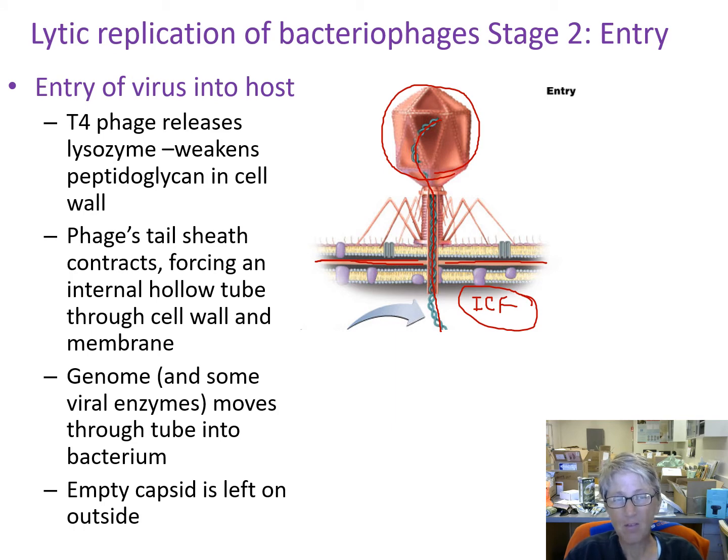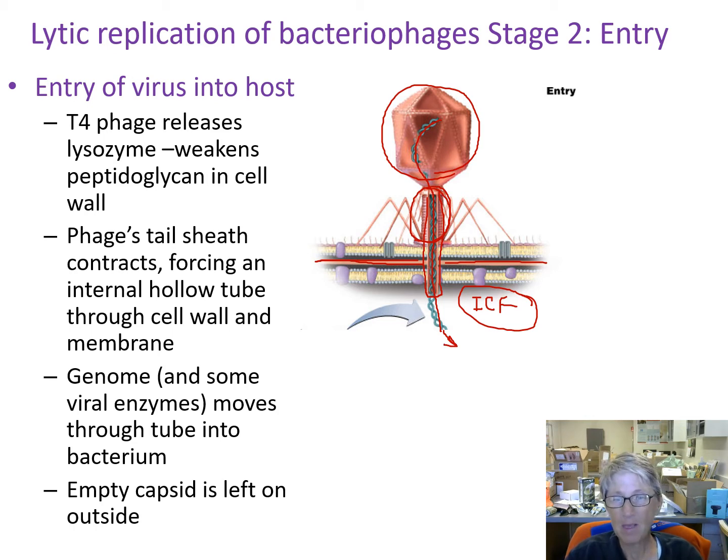And then the phage's tail sheath, that's this part right here, contracts, and that forces an internal hollow tube, this piece right here, into the bacterial intracellular fluid, aka cytoplasm, and then the DNA can gain entry to the cytoplasm of the bacterial cell.